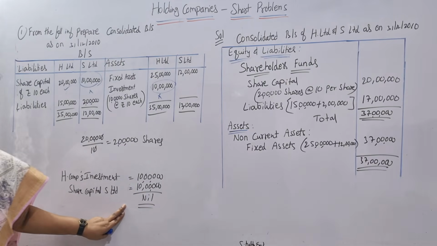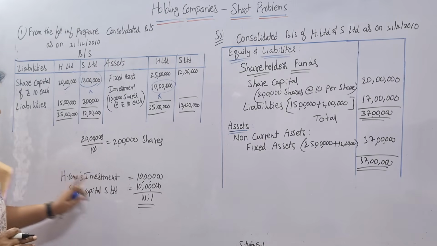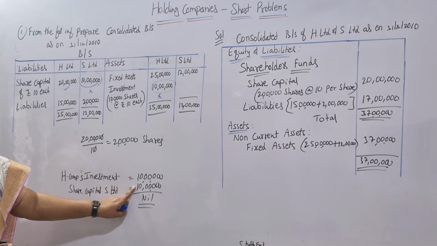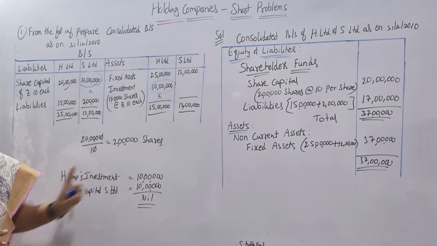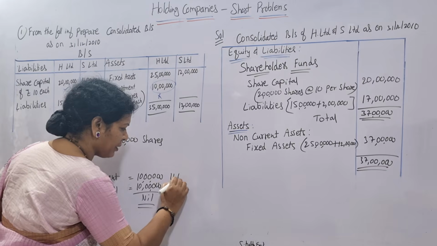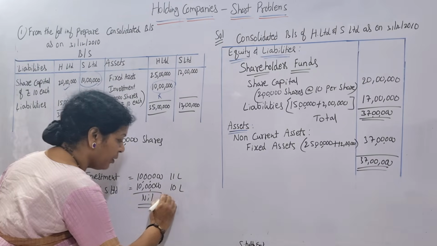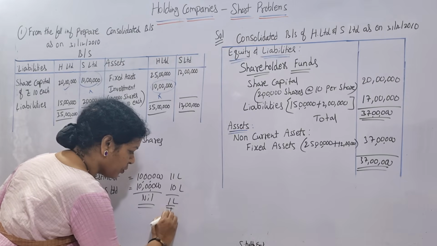If you get some amount, it will be either goodwill or capital reserve. Suppose share capital is 10 lakh rupees and we are paying 11 lakh rupees. In such a case, the difference will be 1 lakh. This is goodwill.